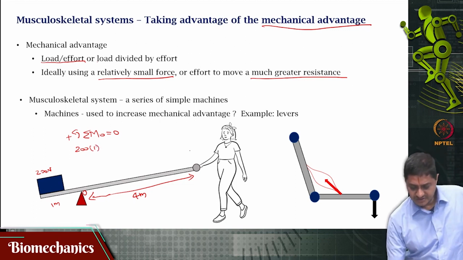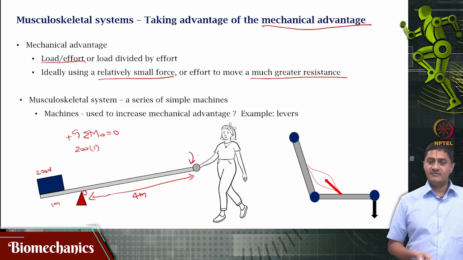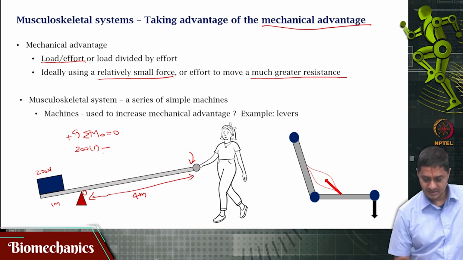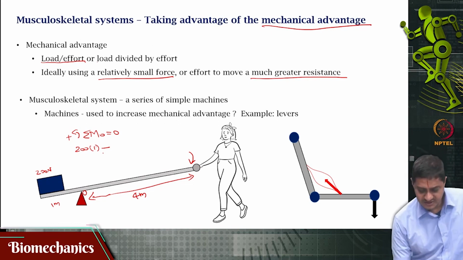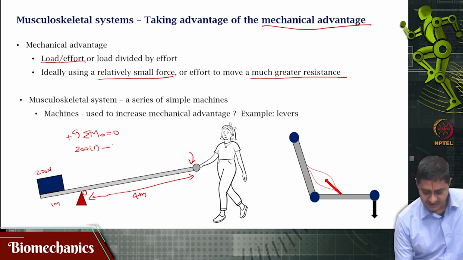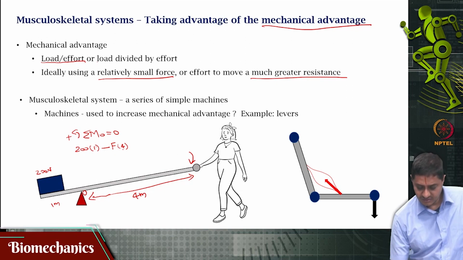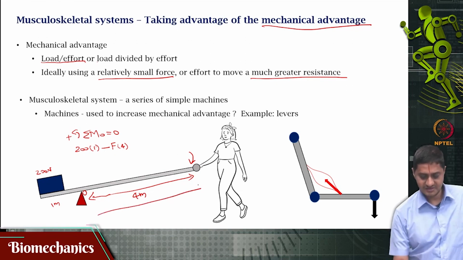Then the force that is produced by the lady on this bar will cause a clockwise moment, not a counterclockwise moment. So that will be minus, we do not know how much force she will be producing, we will call that some force F times 4. What is 4? 4 is this moment arm that she is using, is it not?